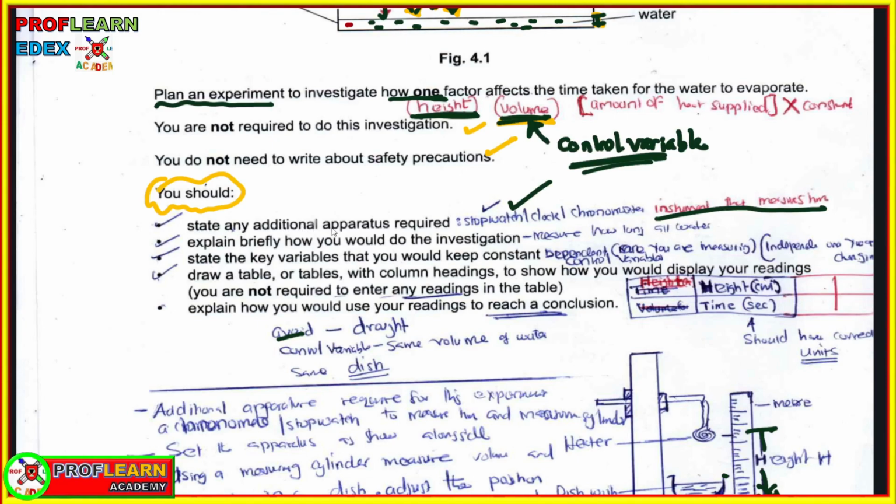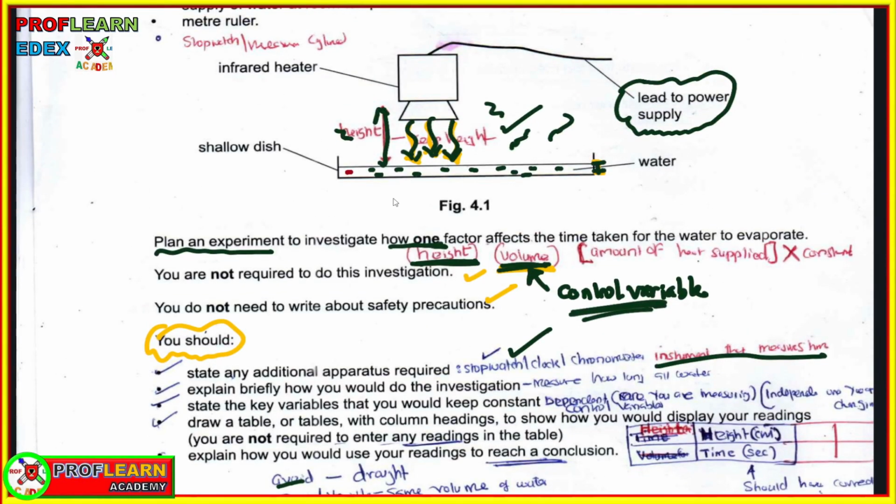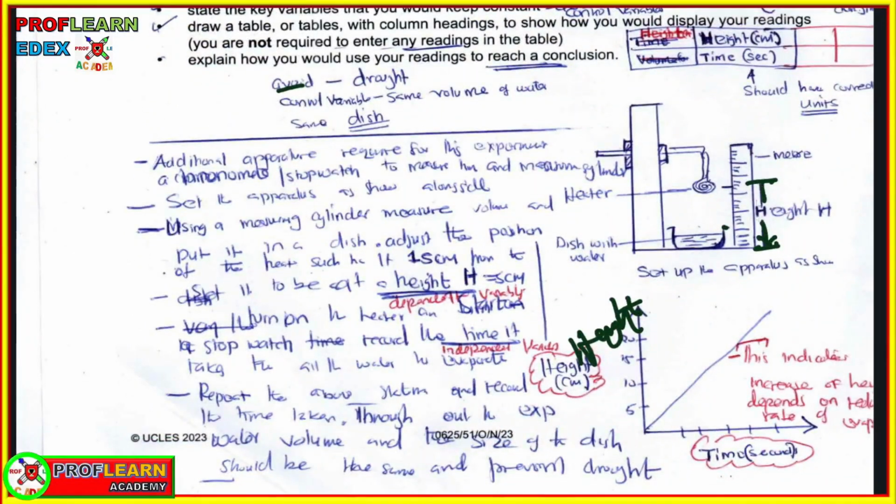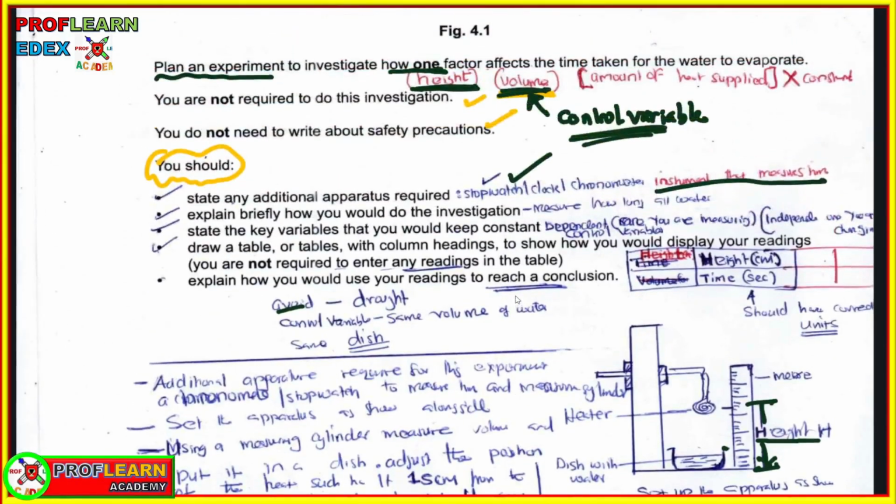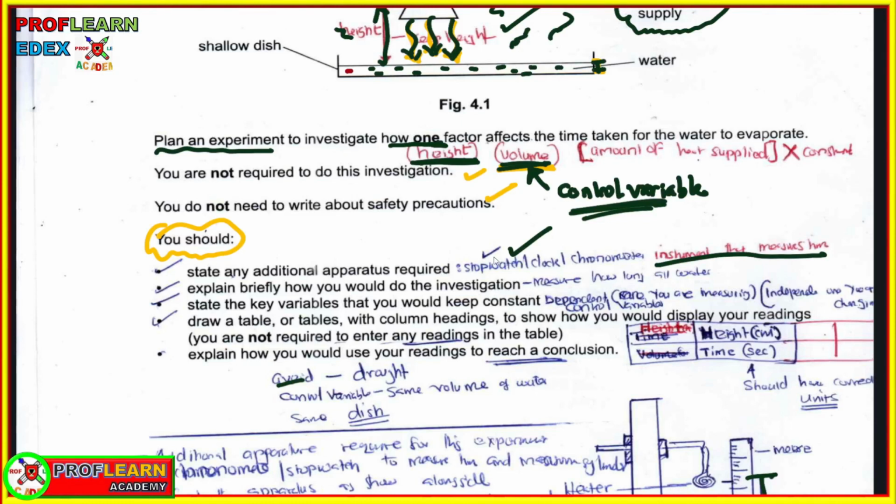You are supposed to state additional apparatus required. Because I'm going to set up an experiment where I'm varying the position of the heater and timing how long it takes the water to evaporate from different heights, I need a stopwatch, or a stop clock, or a chronometer.